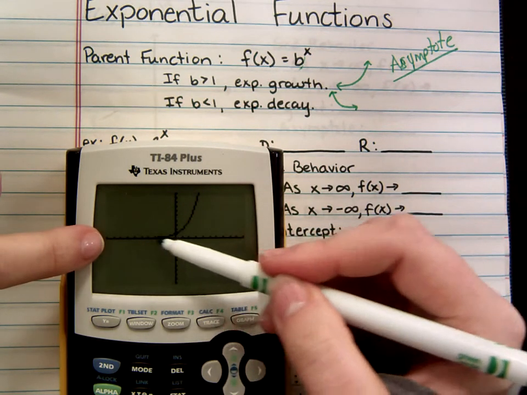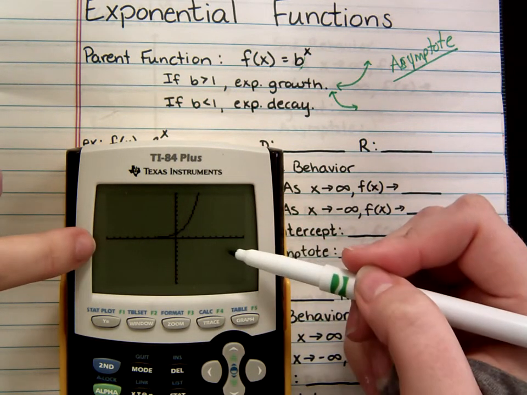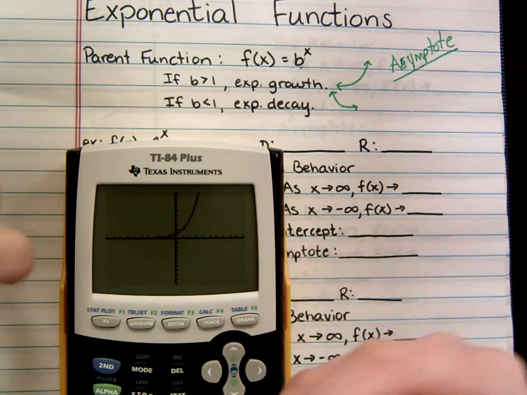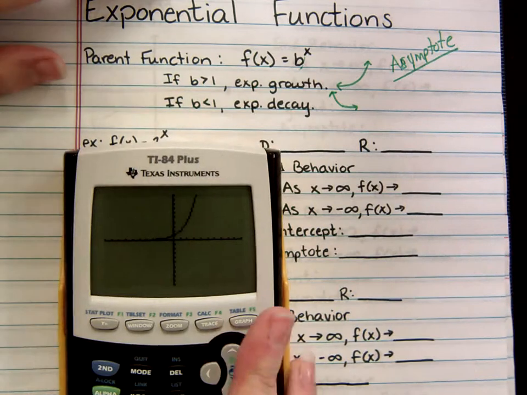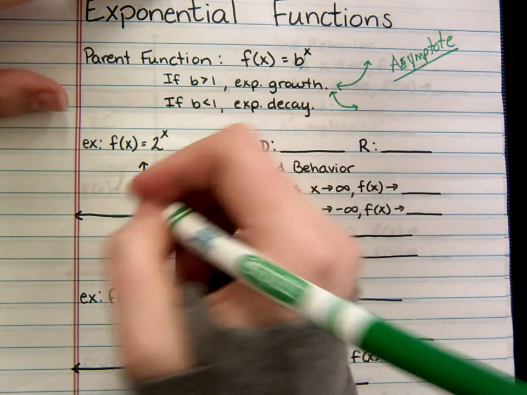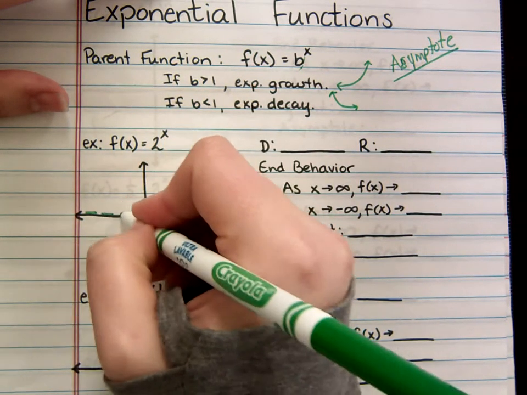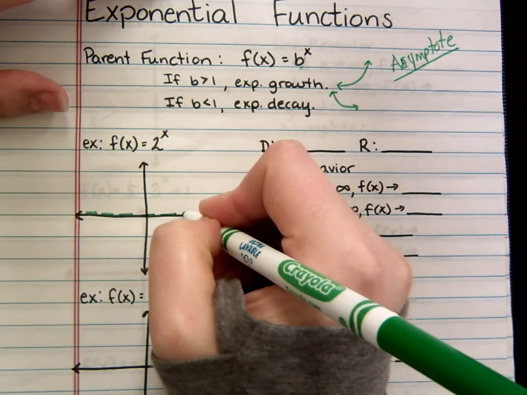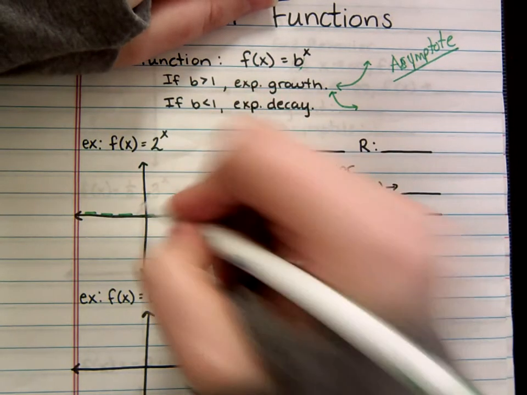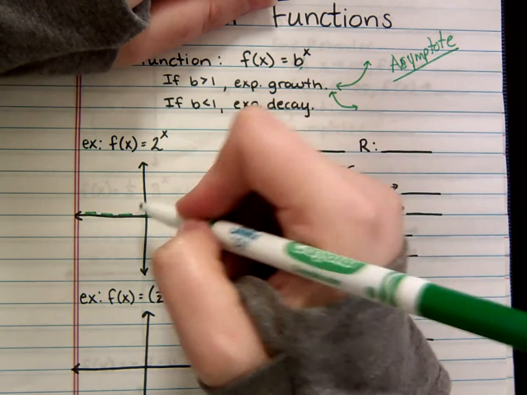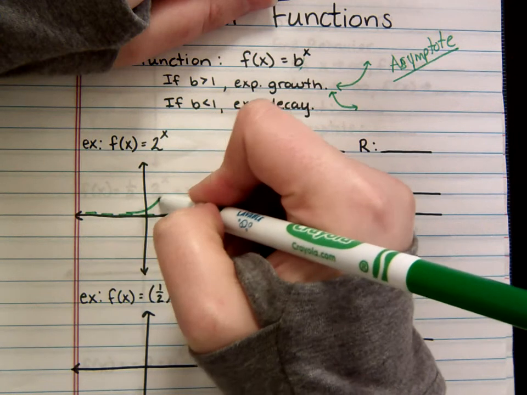That's because the x-axis is the asymptote of the line, and my graph gets really close to it, but never actually crosses. So, we've got an asymptote on the x-axis, and usually we use a dotted line to express this. And the graph itself does something like this.